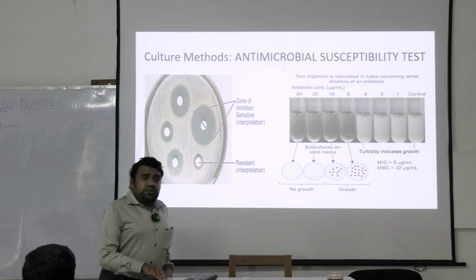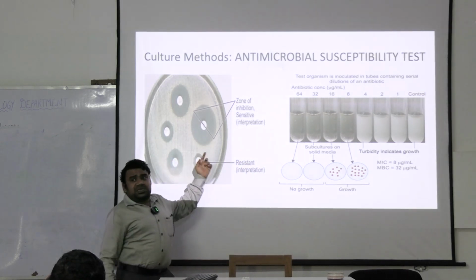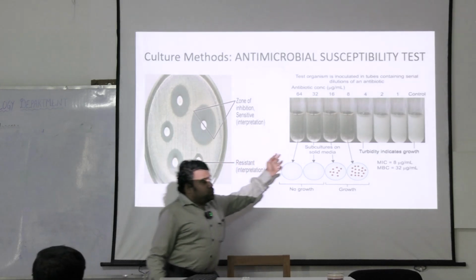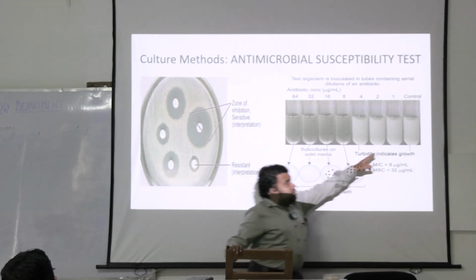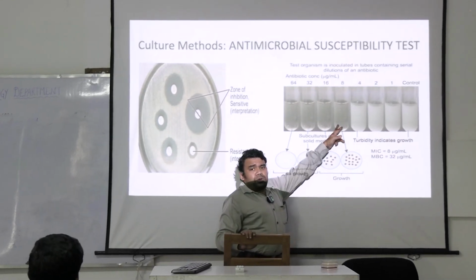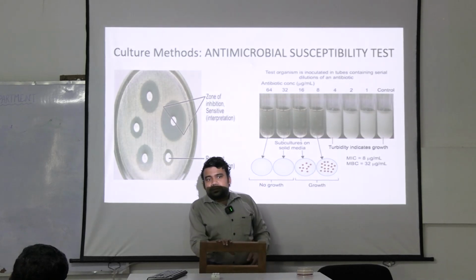The other method would be to use what is known as broth. Over here we are using a solid agar, solid culture media. If we are using broth, what will happen? As the concentration of the antibiotic agent will increase, the bacteria will die and we can see clearing of the broth.